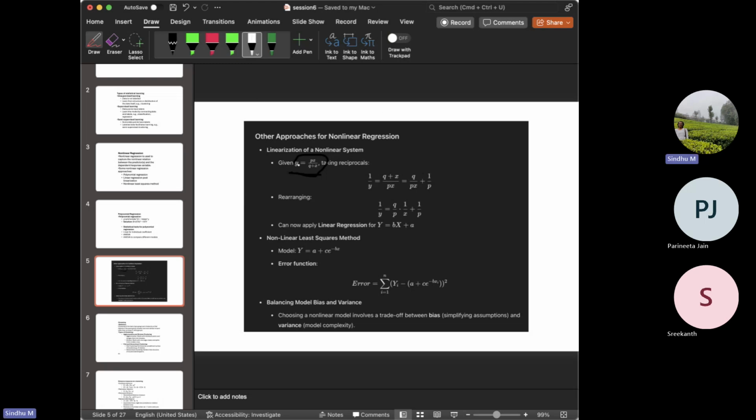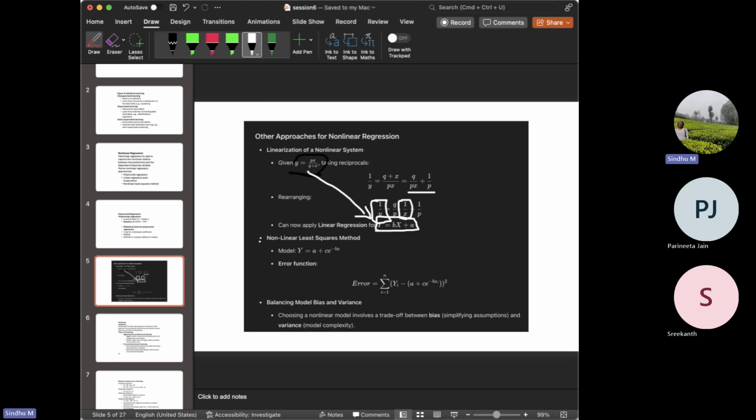If you take the reciprocal and cancel the x terms, it becomes 1 by y equals q by px plus 1 by p. You can take 1 by y as a new variable, capital Y, and 1 by x as a new variable, capital X. When you substitute, you get a new equation, Y equals bX plus a. For this, you can do the linear regression that we covered in the previous class. So from this nonlinear form, we have made it into a linear form.